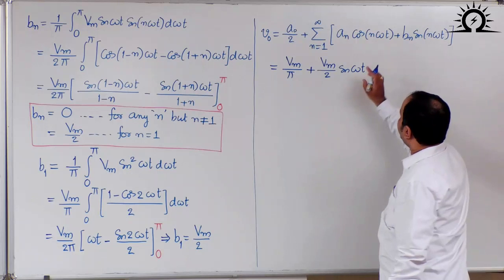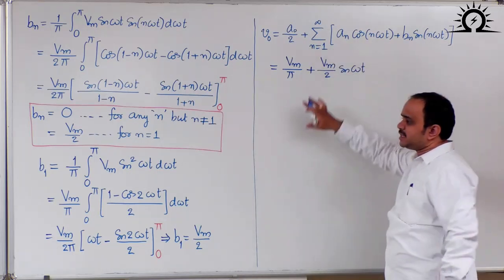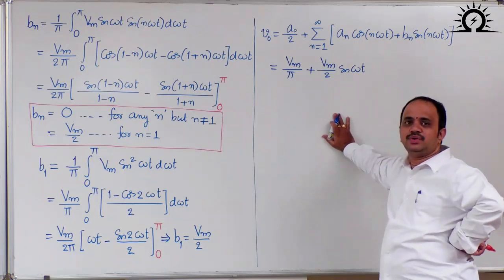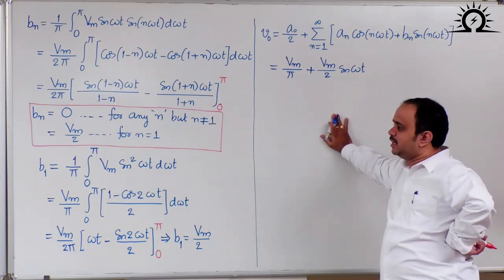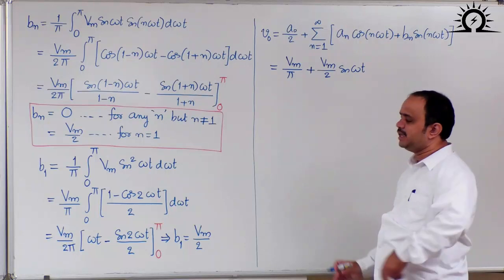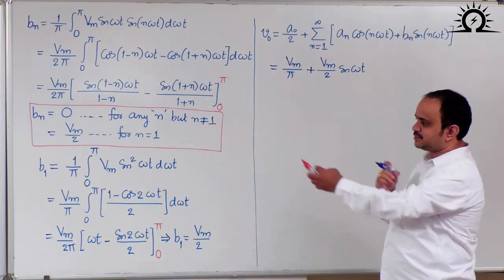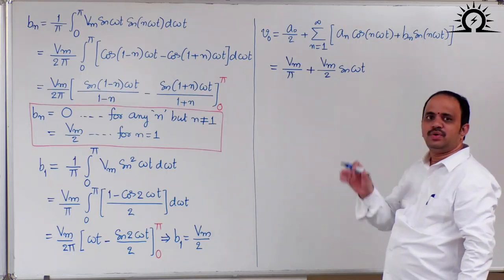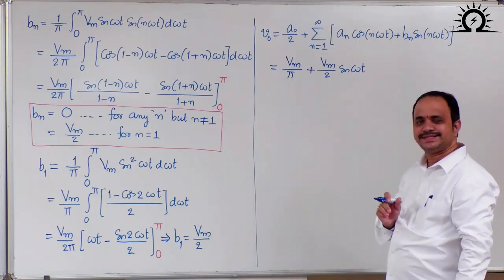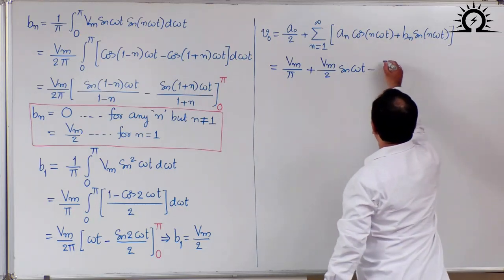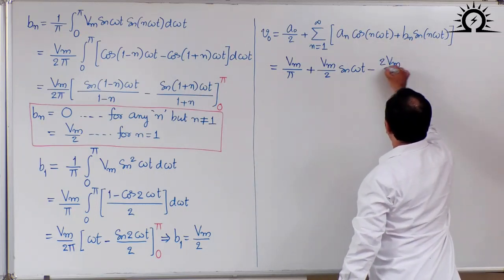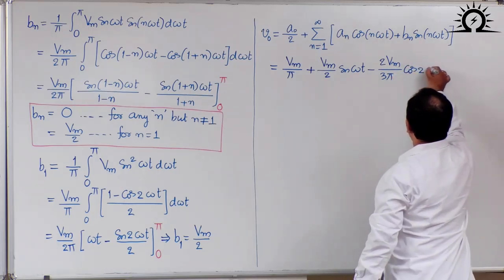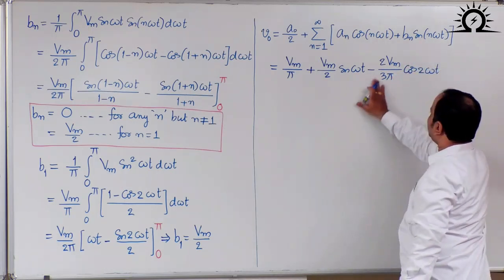Next, An's are present only for even values of n, right? Suppose you take n is equal to 2 and substitute in the An equation, 2Vm by pi into 1 minus 4, that is 3. Therefore, I can write it like this: minus 2Vm by 3 pi cos 2 omega t.